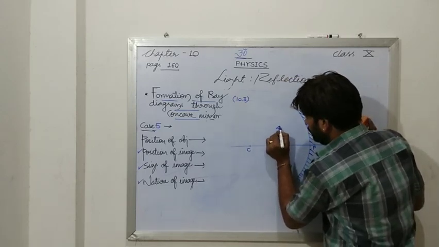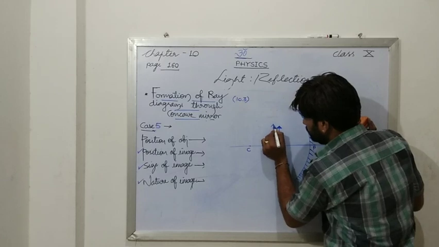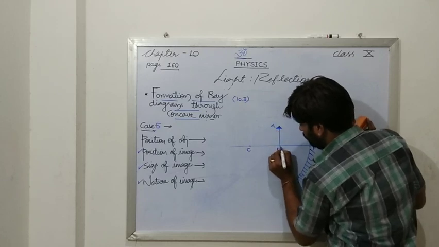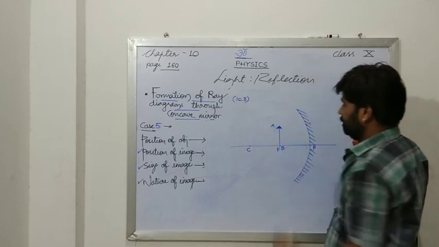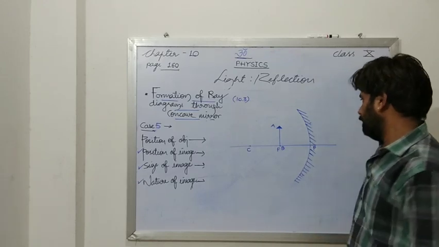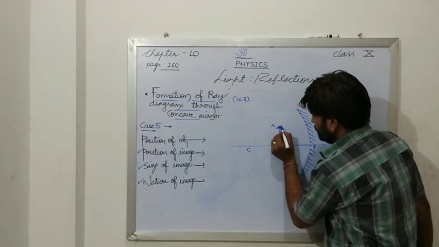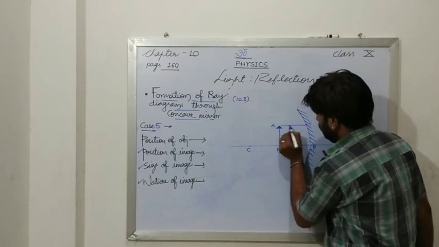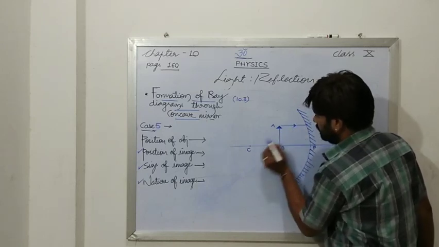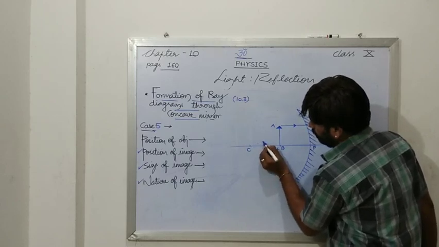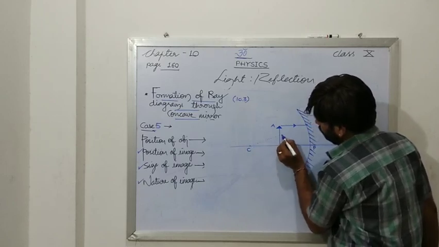Yes, you may see in the table which is given in your NCERT, this is the point A and this is going to be the point B. Now let us see. Rule number 1 says when a line is parallel to the principal axis, again we are going to draw a normal there.